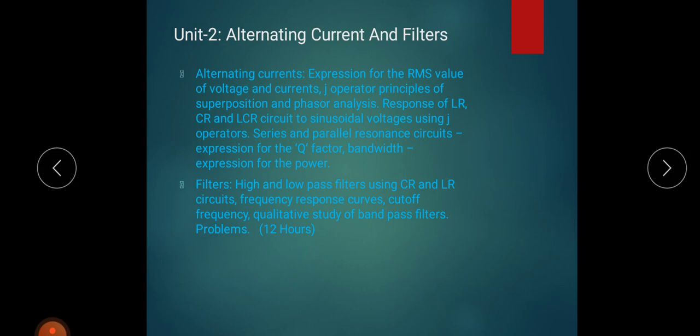The next, filters: high and low pass filters using CR and LR circuit, frequency response curve, cutoff frequency, qualitative study of band pass filters, also some of the related problems regarding this unit.